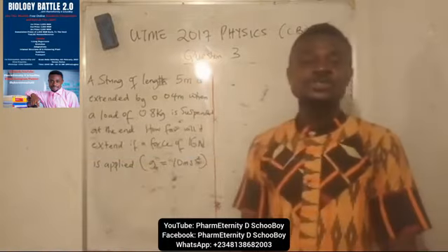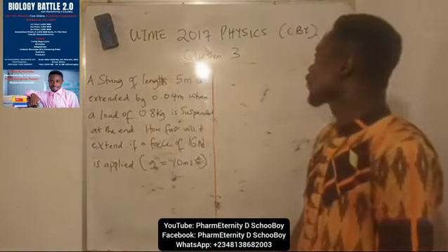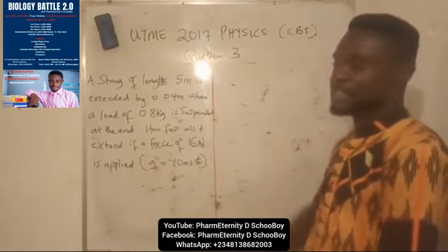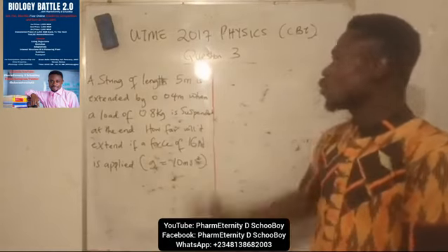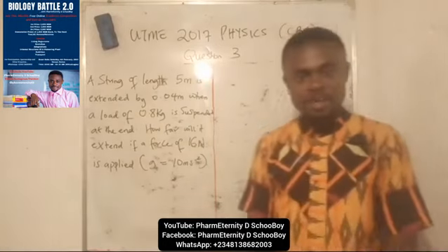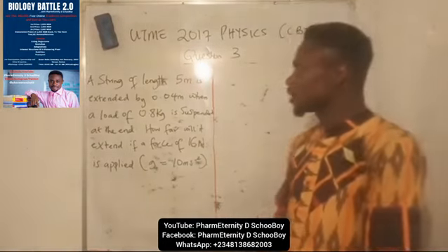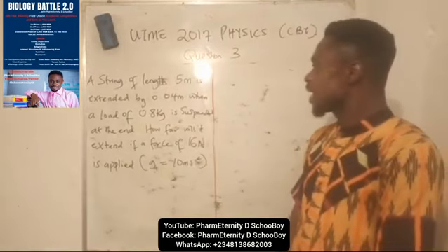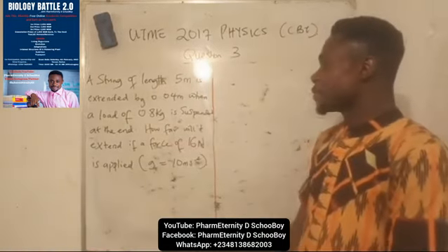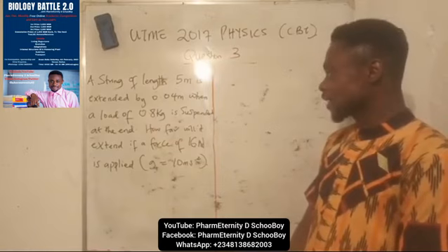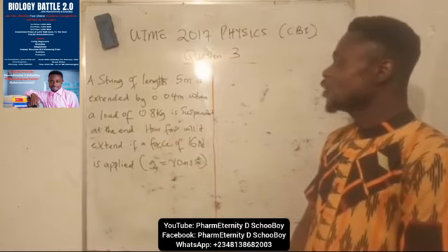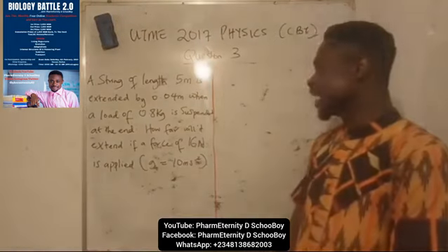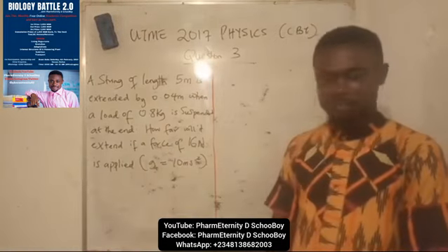Today we are going to solve a question from UTME 2017 Physics CBT. Question number 3. The question says, a string of length 5 meters is extended by 0.04 meter when a load of 0.8 kilogram is suspended at the end.